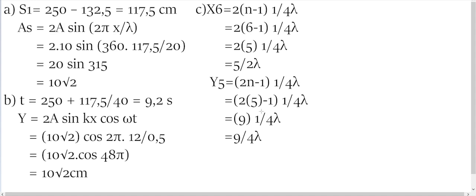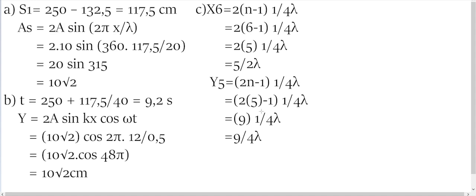And the second question, we need to find the t itself, which we can find by 250 plus 170.5 per 40, where 40 is the velocity of the wave itself. And as we can see, we have 9.2 seconds here for the time. I'm just going to put the formula here, which is y equals 2a times sin kx times cos omega t.